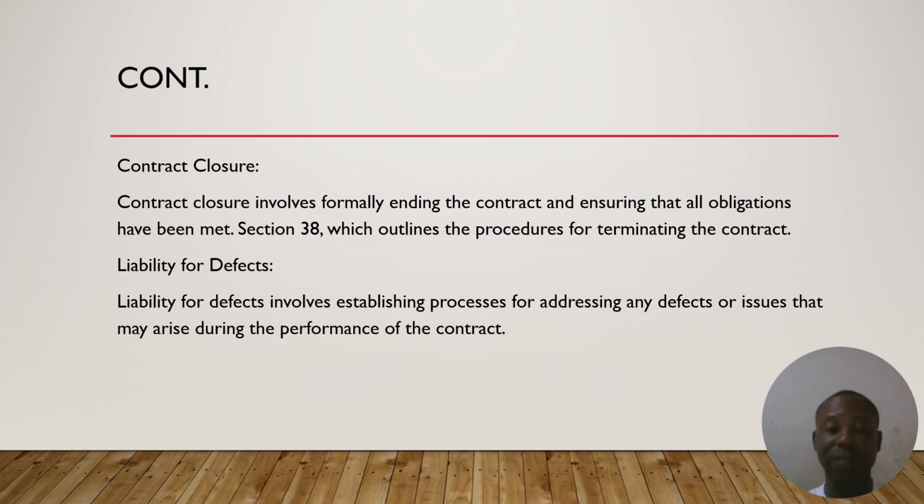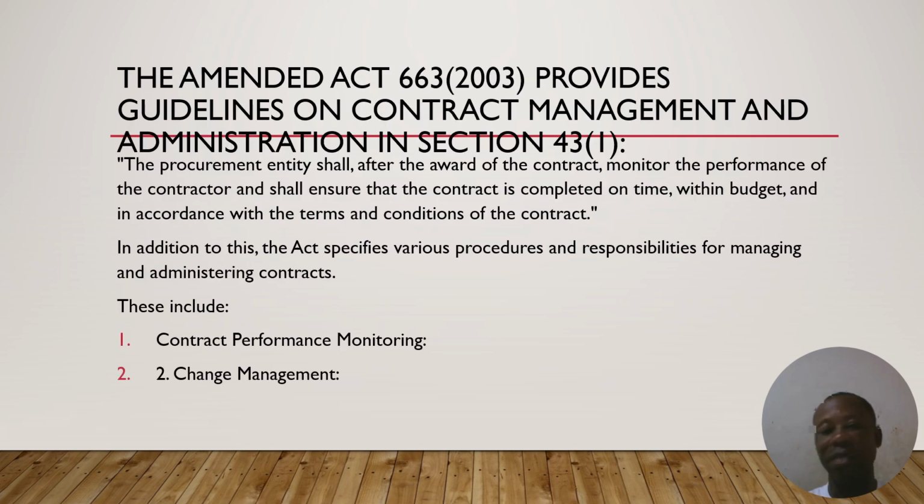It's our duty. So liability for defects involves establishing processes for addressing any defects or issues that may arise during performance of the contract. So it's our duty as procurement officers to make sure that when the contractors are executing the contract and there are defects, we prompt them.